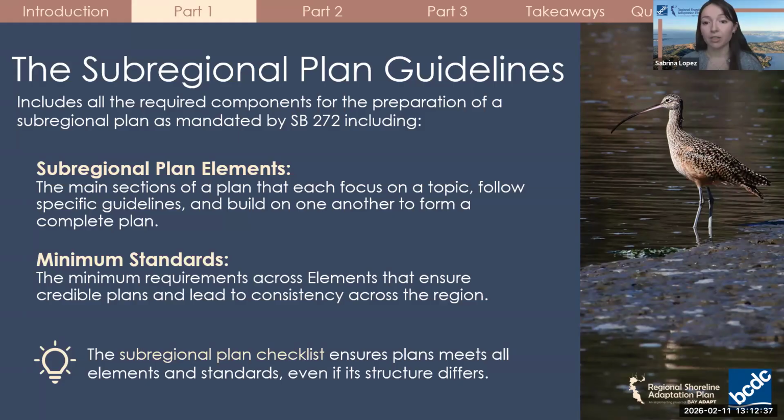They help ensure plans are technically sound, grounded in best available data, and consistent across jurisdictions. Finally, the guidelines include a subregional plan checklist, which jurisdictions can use to confirm that their plans meet all required elements and standards, even if the structure or approach of the plan looks a little different.